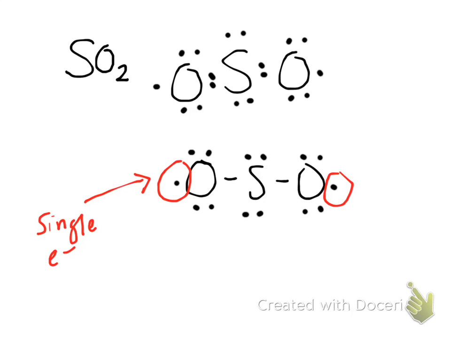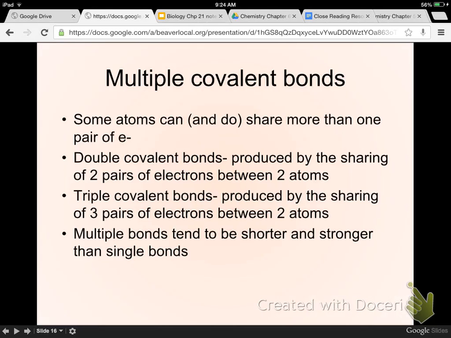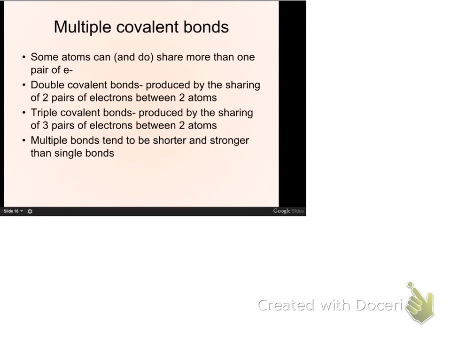This gets us to our next solution to a problem. So we'll go ahead and put the slide in. Multiple bonds! Yay!